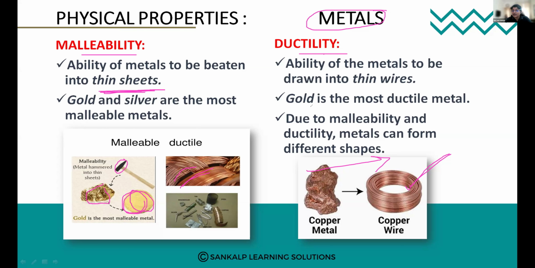Gold is also the most ductile metal. It is used for ornaments in the form of chains, right? Gold is converted into thin wires. Because of malleability and ductility, metals can be converted into different shapes, like your nail or your wire. Because of these unique properties, metals can be converted into different shapes.